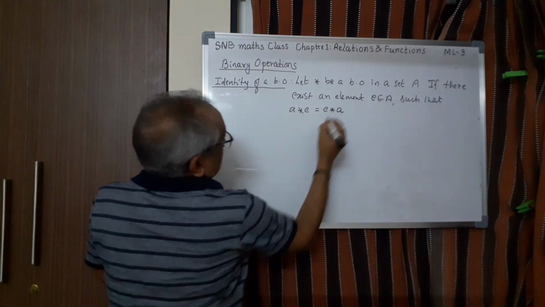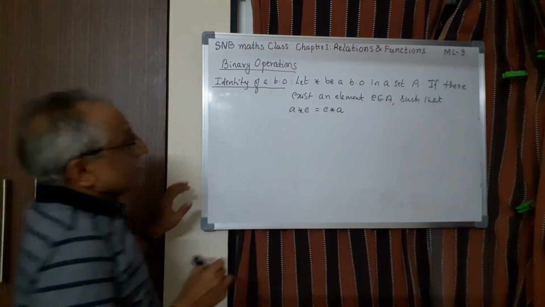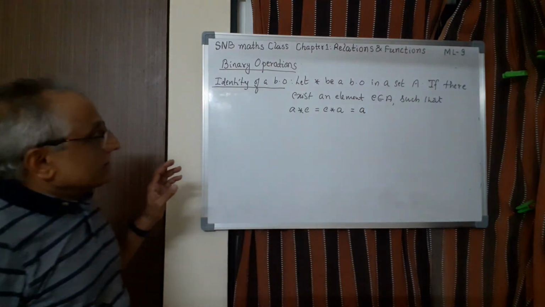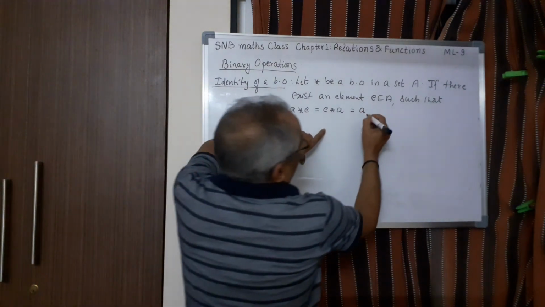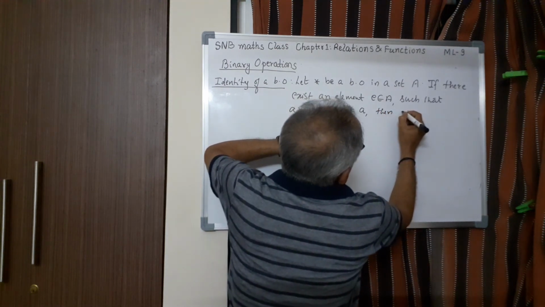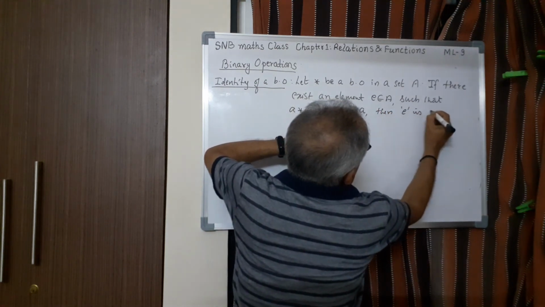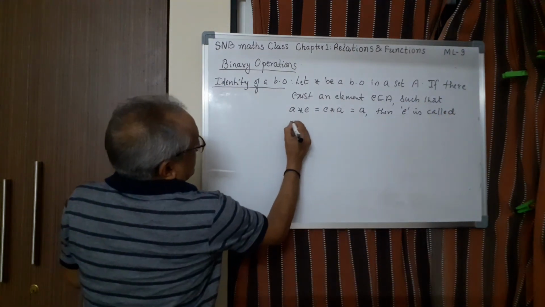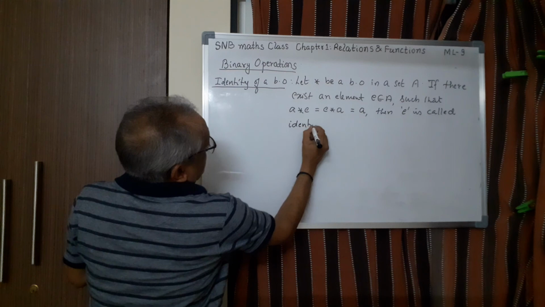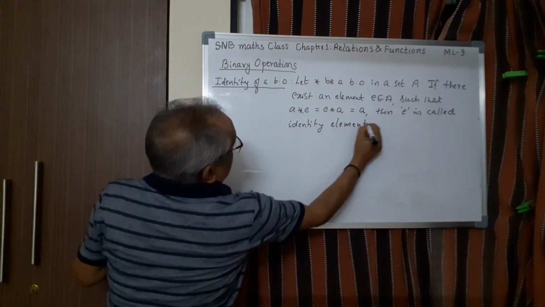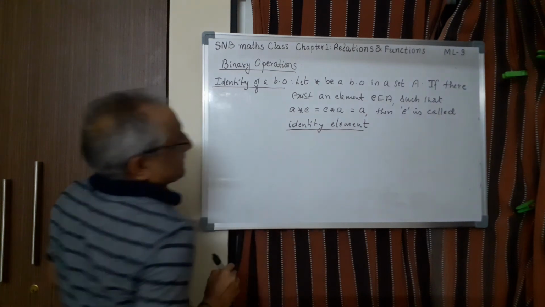It should be commutative also, only for this one. So this must be equal to a. Then this e is called the identity element. So this is the definition, identity element.